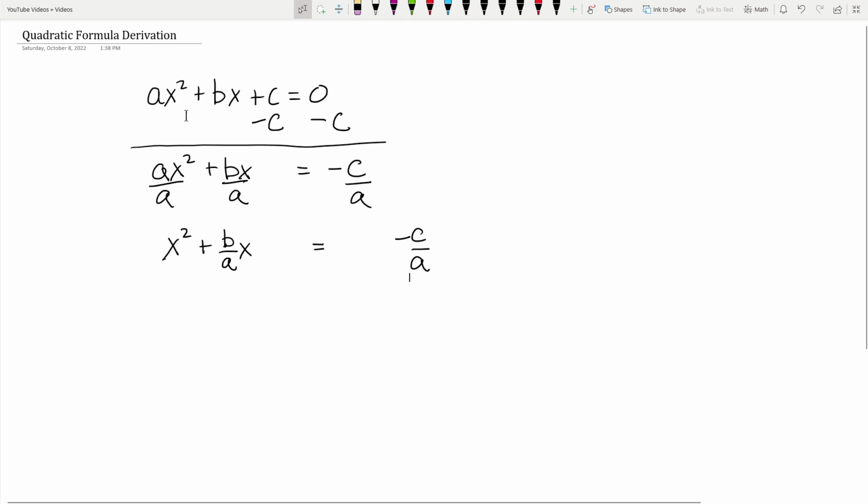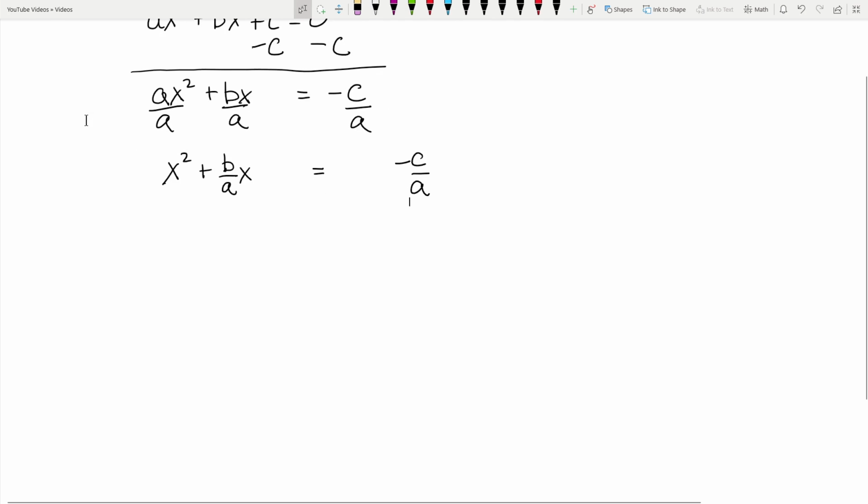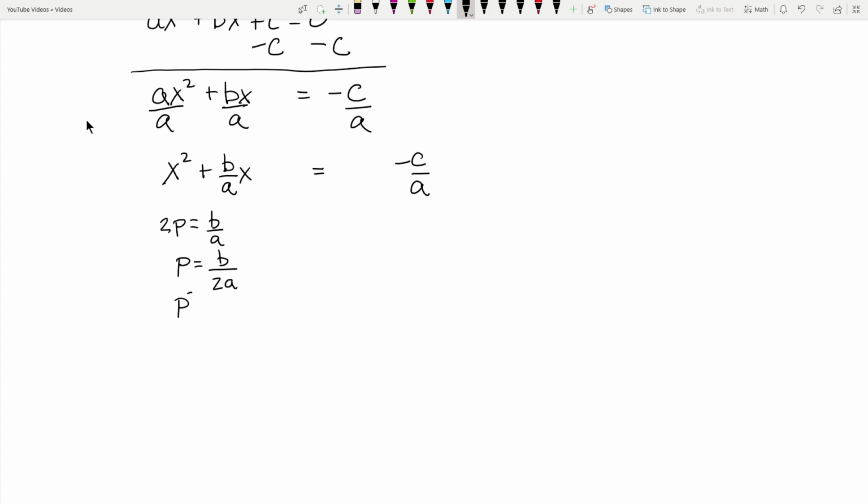All right, now I have to complete the square. If you watched my video, you know I have a method for doing that. So my linear term coefficient becomes 2p in the completing square process. So p is b over 2a, and then p squared, which is what I need to add to both sides, becomes b squared over 4a squared.